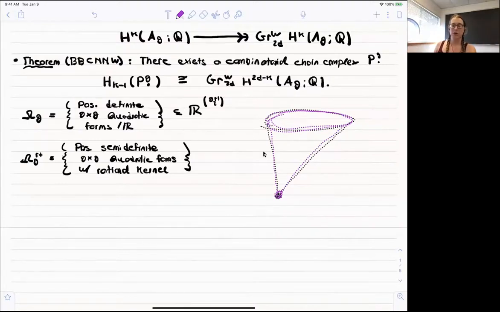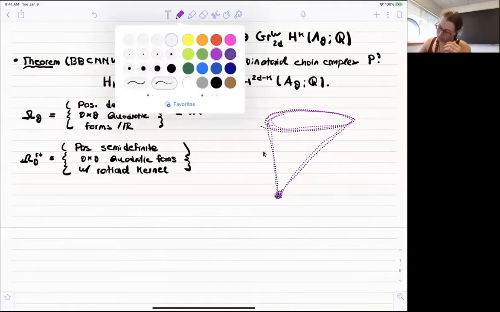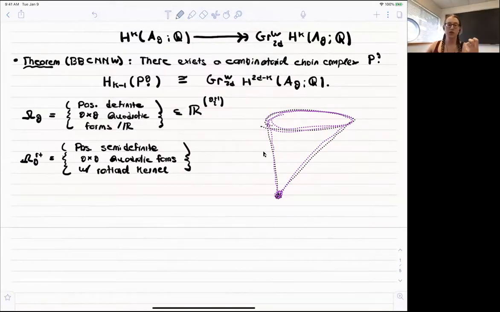It turns out throwing in all the positive semi-definite matrices would be too much. And then an important thing that I want to notice here is that there's a natural action of GL_g(Z) on this cone. So on this cone, we have an action of GL_g(Z) given by taking a matrix X and sending it to A X A transpose, right?